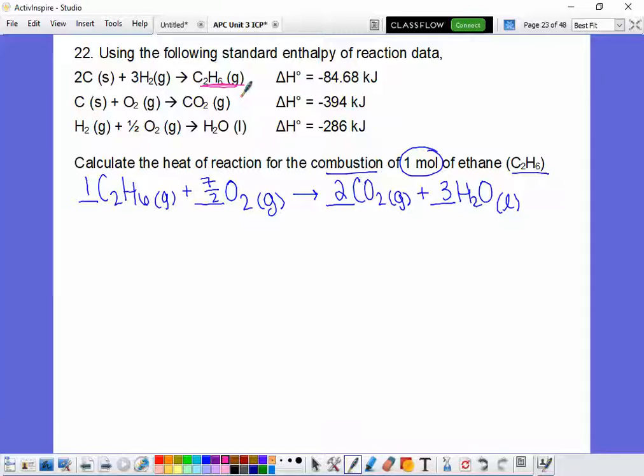Yep. So what are we going to do to it? Flip it. And only flip it. So C2H6 is my reactant, and it's the decomposition. What is that delta H value now? Positive 84.68.